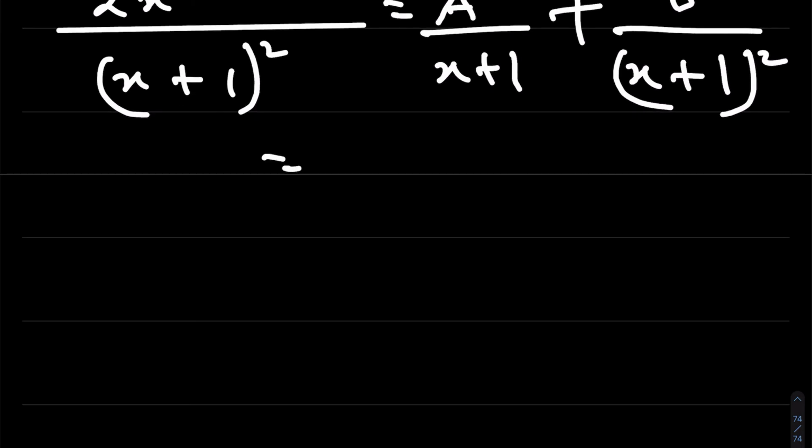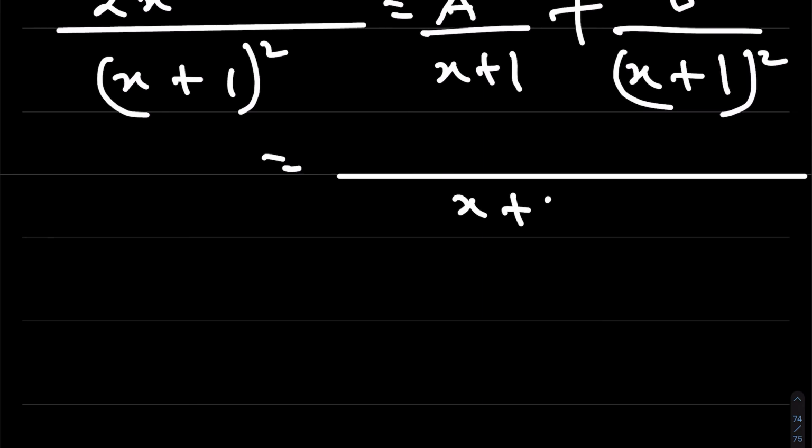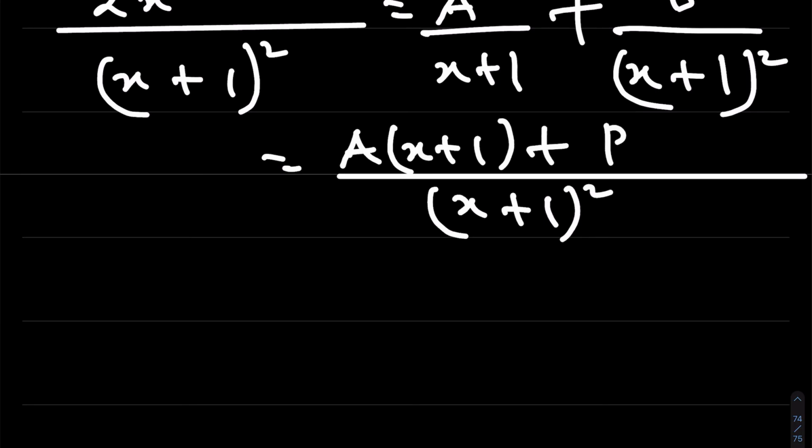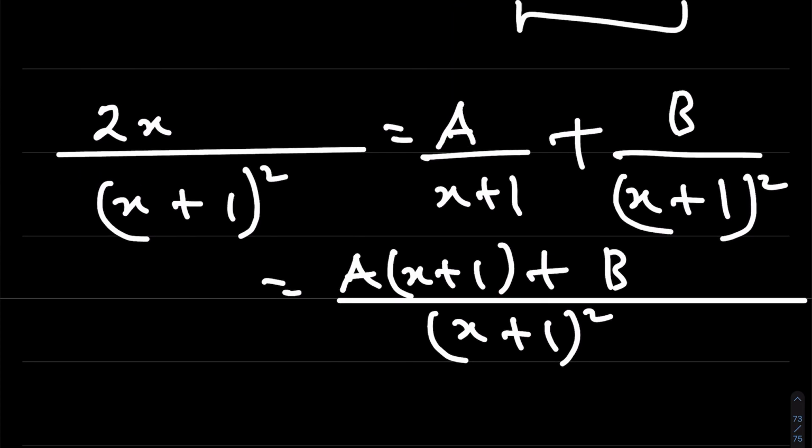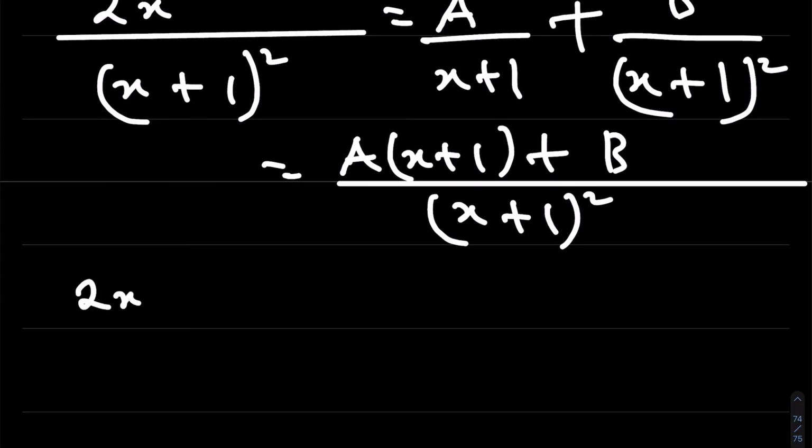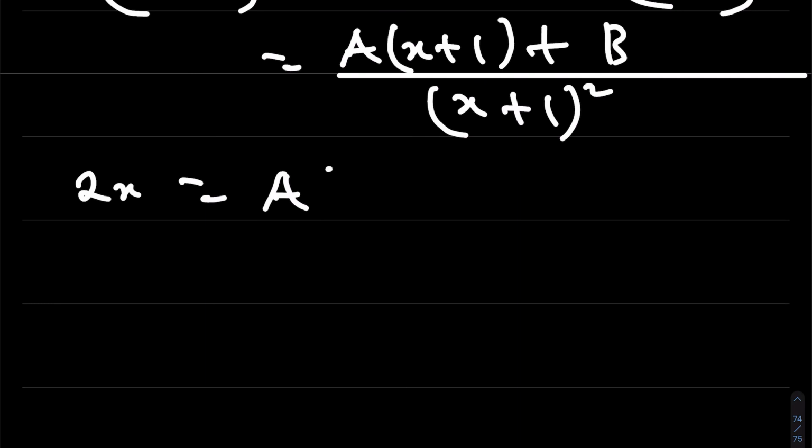LCM is the square of x plus 1. So we're going to have a times x plus 1 plus b. Now that simply means 2x is equal to a times x plus 1 plus b, the numerator on the left hand side equal to the numerator on the right hand side.